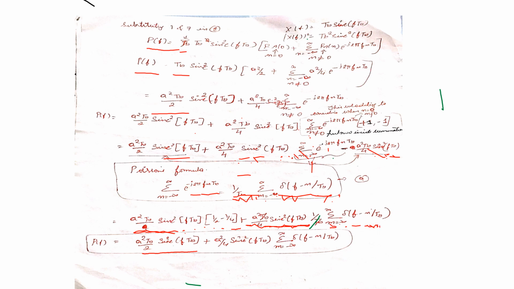So after substituting all this, finally the equation is A squared T_b by 2 sinc squared f T_b, and A squared by 4 sinc squared f T_b, summation m equal to minus infinity to plus infinity of delta of f minus m by T_b.